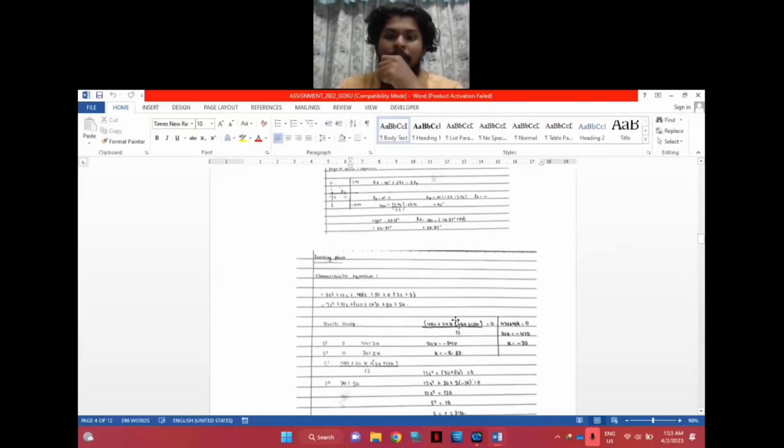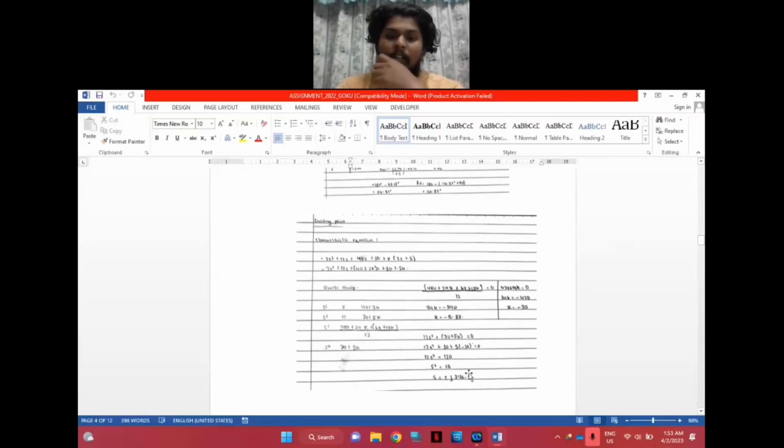The final method is to find the crossing point. First of all, we need to form the characteristic equation from the transfer function. We got this as the characteristic equation: 2s^3 plus 12s plus 40 plus 2ks plus 30 plus 5k.